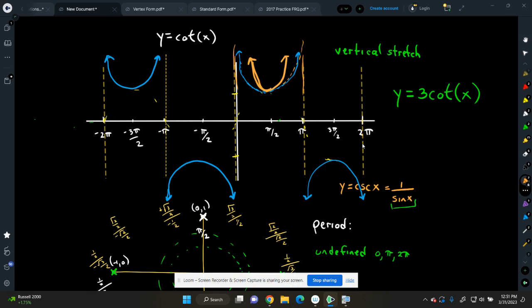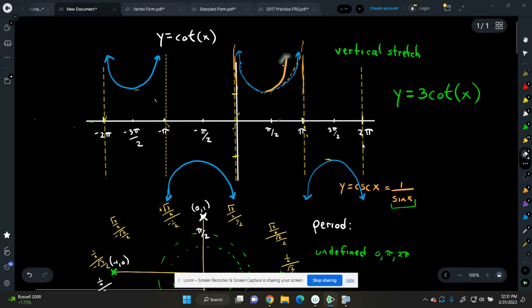Let me ask you, how did we know where to start the U? Right. The U, right? So on the cotangent function, the bottom of the U is at 1 because it has an amplitude of 1. So if we had an amplitude of 3, the bottom of the U would be starting at 3, right?